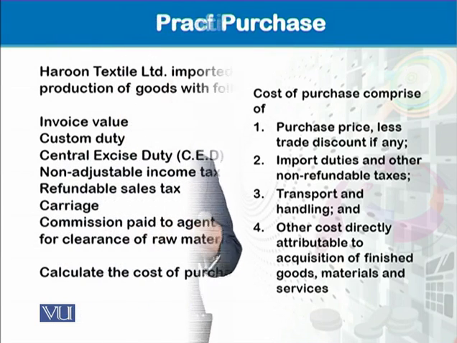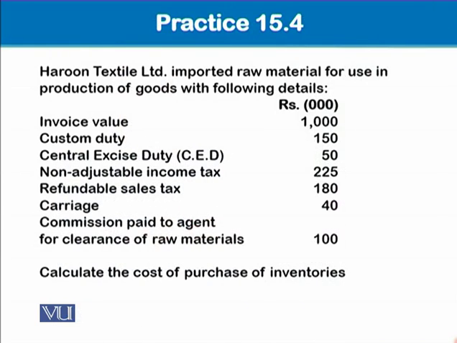So we will have a practice question on it. In this question, Harun Textile Limited is importing raw material for use in production of goods with the following details. The amount is in thousands. The invoice value is 1 million. Custom duty is 150,000. Central excise duty is 50,000.